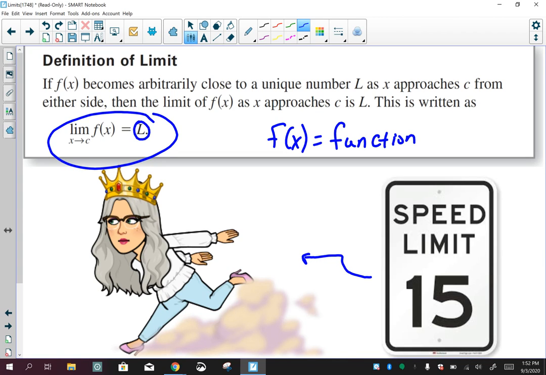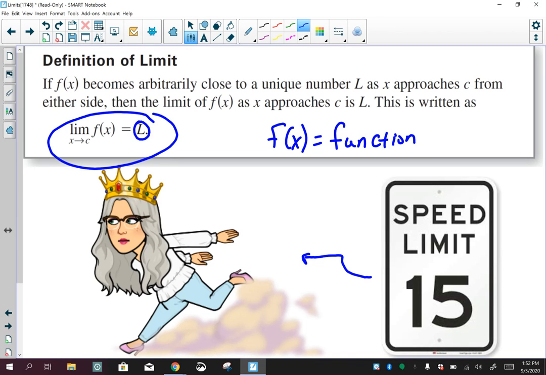This leveling off piece is my limit. I can't go past the speed limit of 15 miles an hour. So I can approach 15 miles an hour. In some cases, I can actually reach 15 miles an hour. But I can't be 15.01, or 15.2 or 15.9 or 16 or 17, because that goes over my limit.